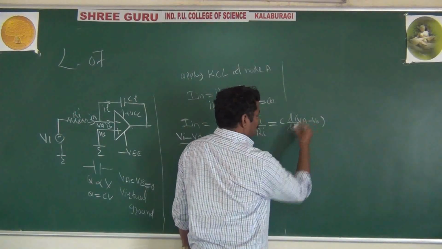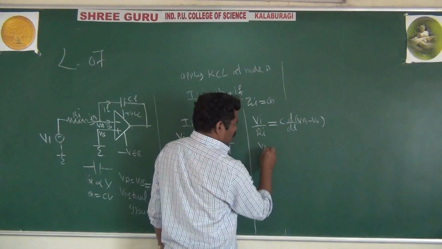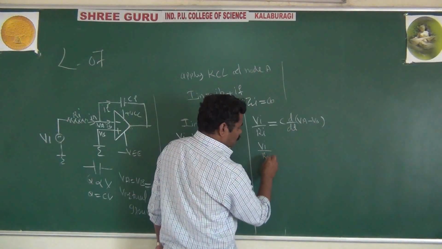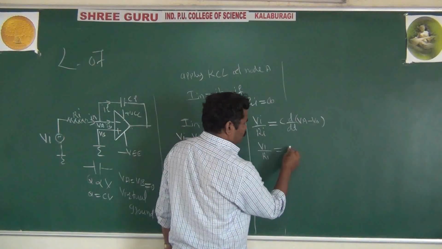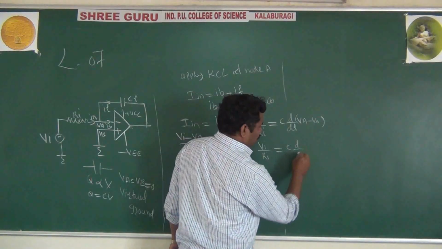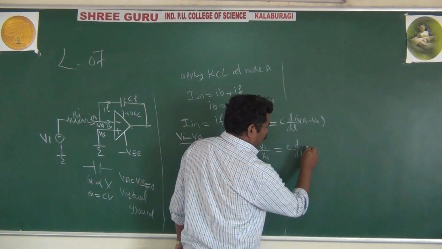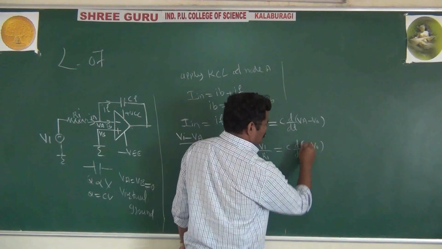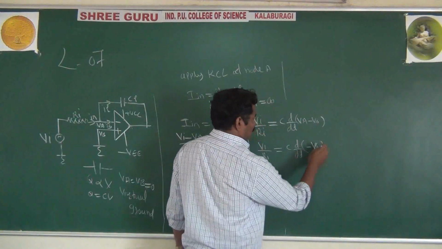And as usual, Va is 0 because of the virtual ground concept, so Vi by Ri equals C into d by dt of minus V naught. The important thing is the minus V naught.